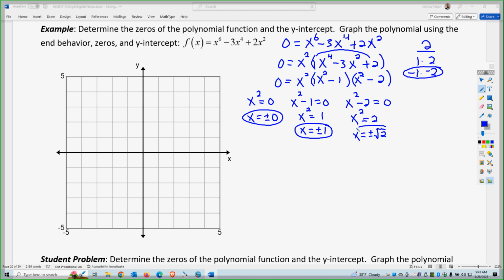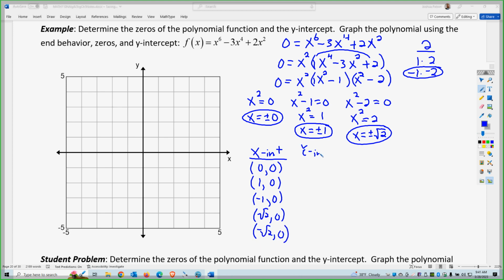Keep the exact answer, don't do an estimate, right? Okay, so we have x-intercepts, right? So the zeros are the x-intercepts, right? So 0, 0. We have 1, 0, negative 1, 0, root 2, 0, and negative root 2, 0, right?